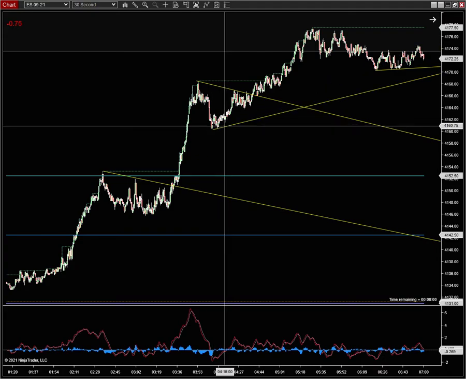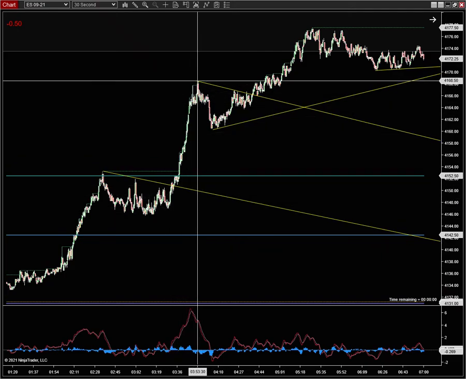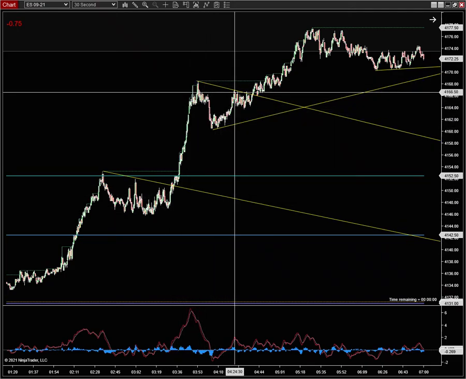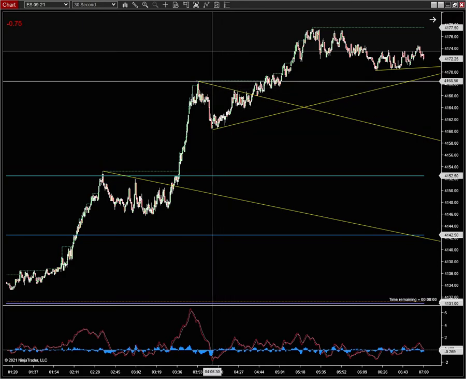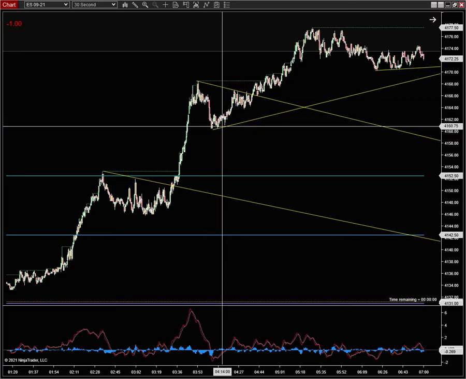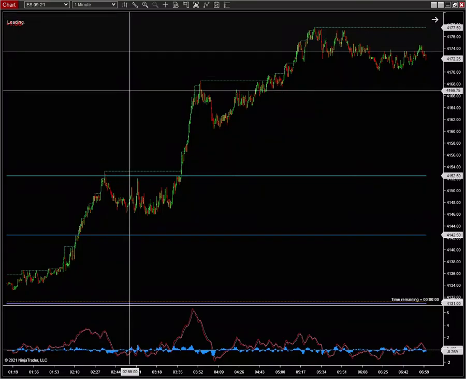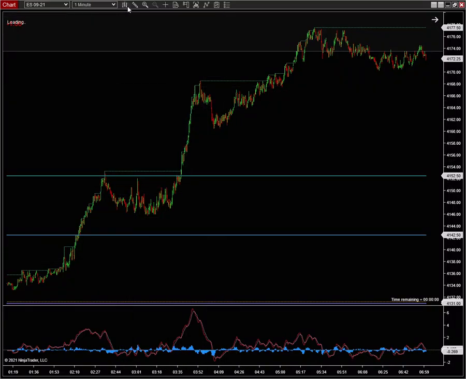And I'm sure we'll find better ones as we look. But so it runs up, comes down, makes another high, but lower than that, and then trades off inside, and then we line these lows up. Let's jump over to a 1 minute and see if we could distinguish them better.